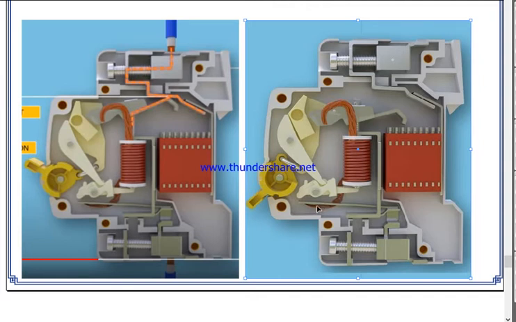It moves, and when it moves, the overall structure of this latch will be changed and the switch is pulled downward. Because of that, you can see this part, previously this part touched here.